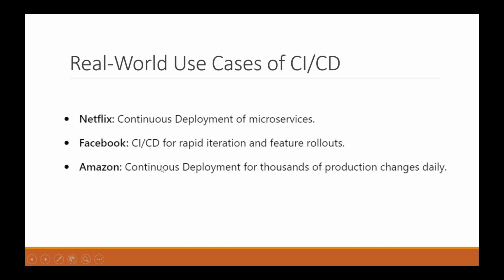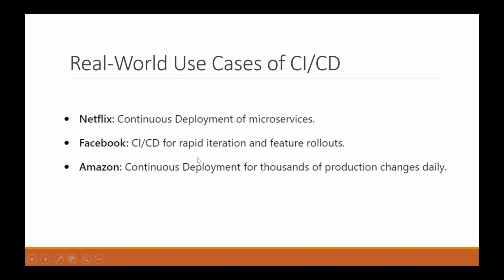What are the real world use cases of CI/CD? Generally, so many companies now use DevOps, and even if they are not using it, they are quickly migrating to DevOps, because if they are not using DevOps, then they will be far behind their competitors. So most of the companies are now using DevOps. That's why DevOps is in high demand. What are the real world use cases? Netflix is using it to continuously deploy their microservices.